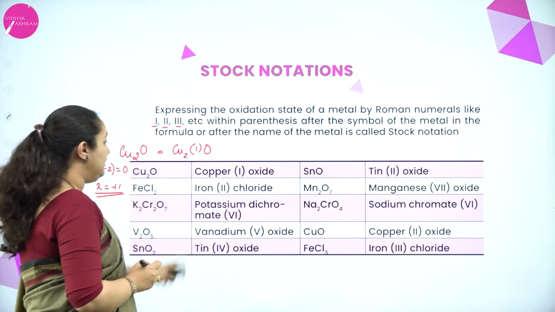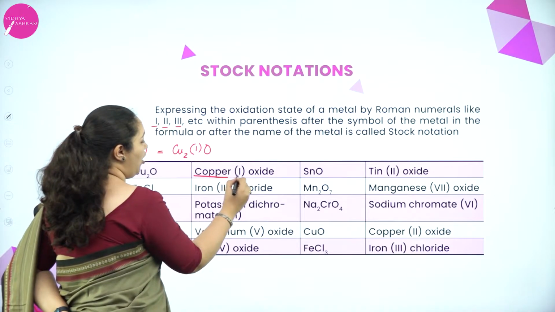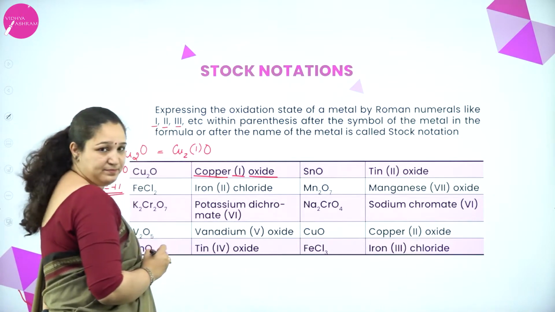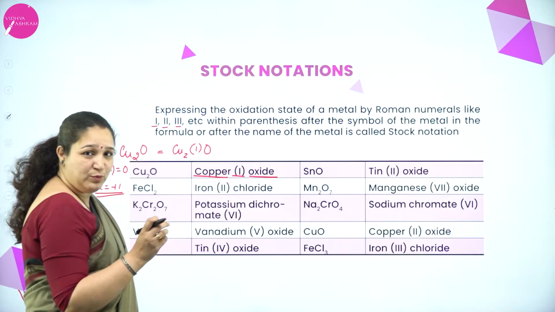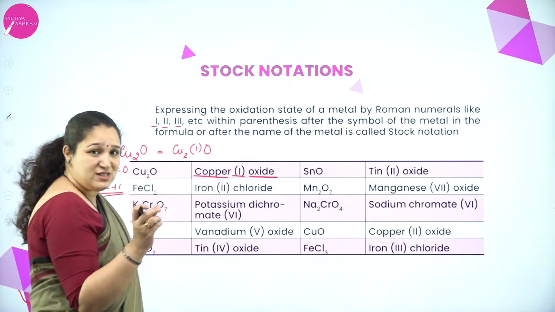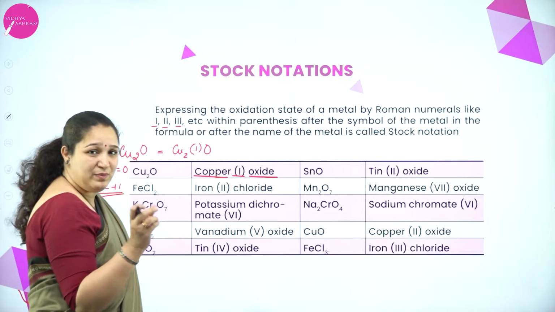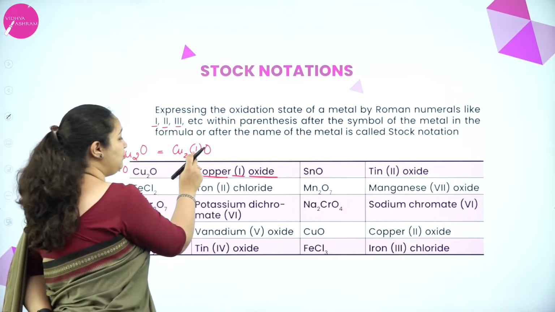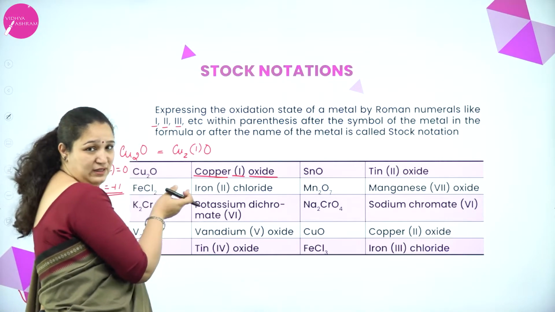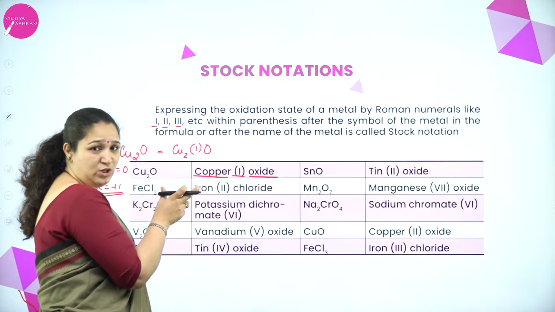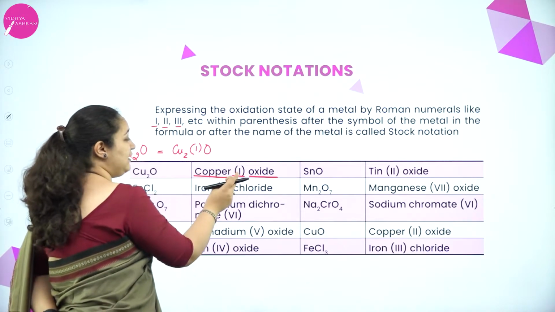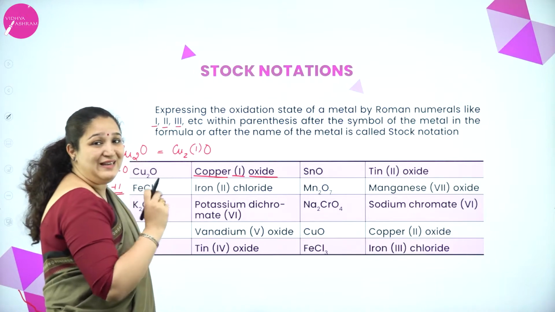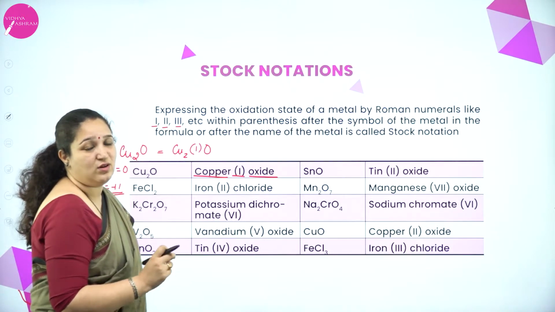Okay, or the name you can write as copper(I) oxide. So you have to put the oxidation state of the metal within the brackets in Roman numerals either after the metal in the molecular formula or after the name in the name of the compound.